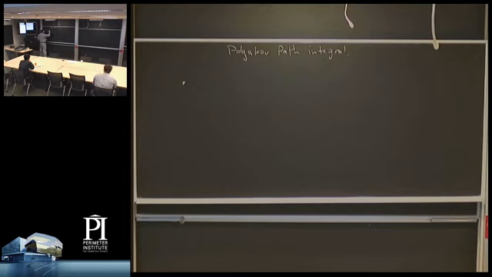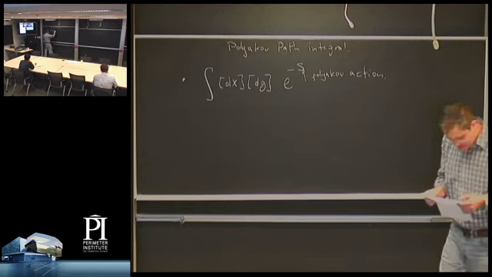And so we have to integrate fields that live on the worldsheet, and we have to integrate over the worldsheet metric. So we have e to the minus S, where S is just the Polyakov action.